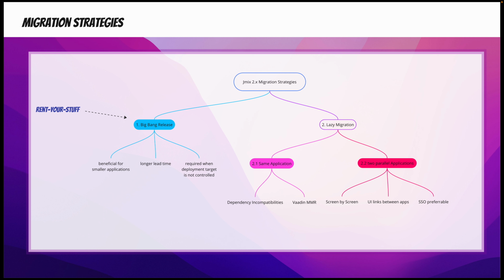In particular, we are talking about the Vaadin version here, because this is the one that creates problems when running simultaneously. There would be an option to do it in the same application theoretically, but it is just very problematic to do with the Vaadin 8 to Vaadin 24 migration, because of the technical incompatibilities that exist. And thus I will not even consider that here.